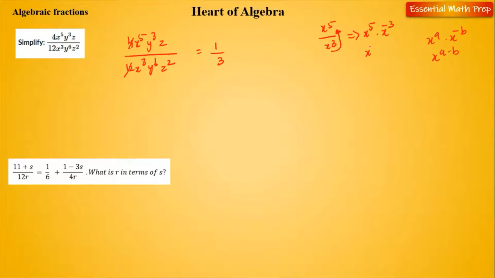So that's essentially x power 5 minus 3, which is x squared. y cubed divided by y power 6 is y cubed times y power negative 6. So again, y power 3 minus 6 is y to the negative 3.